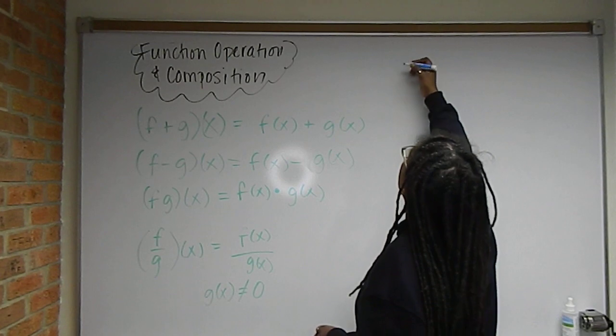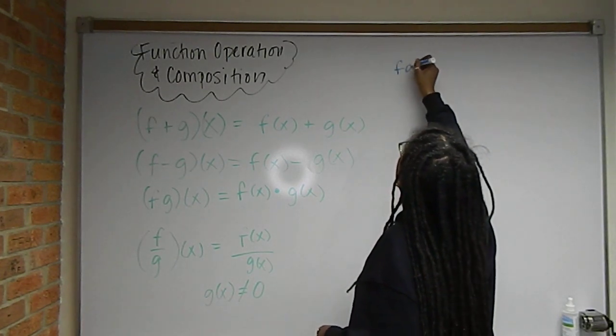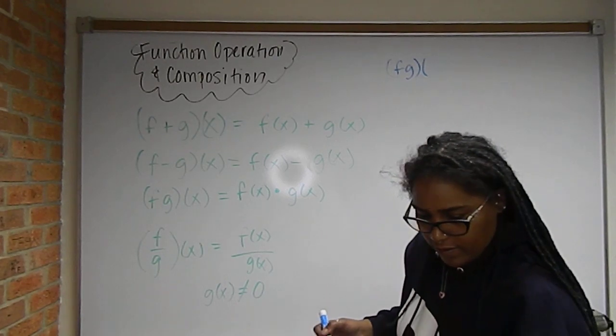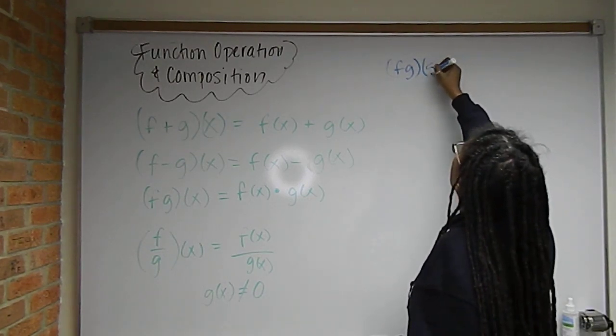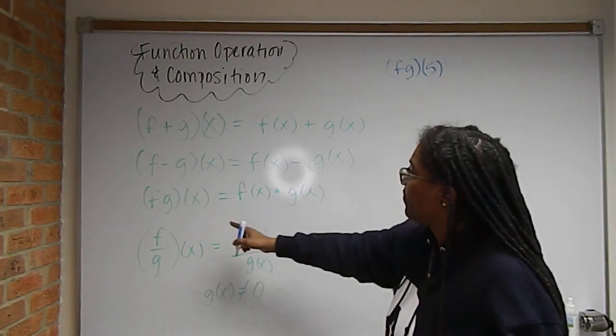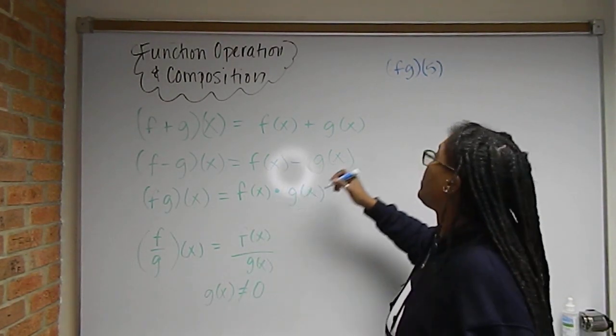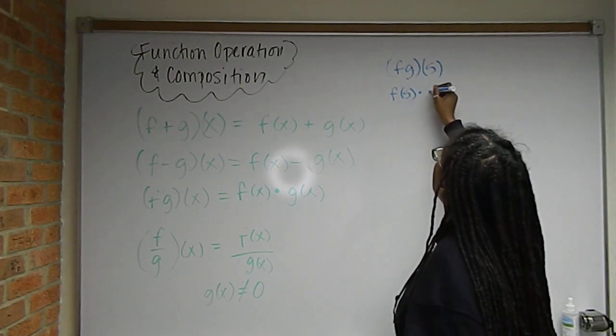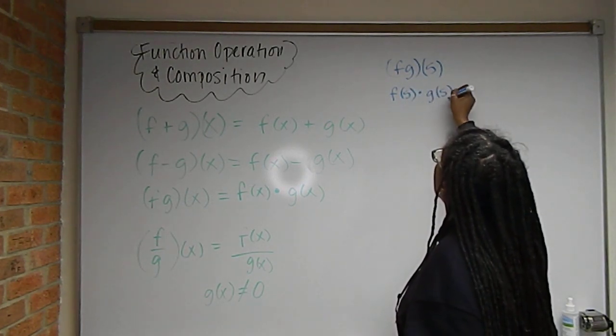Let's take (f times g) of 5, right? And so we remember that means f of 5 times g of 5.